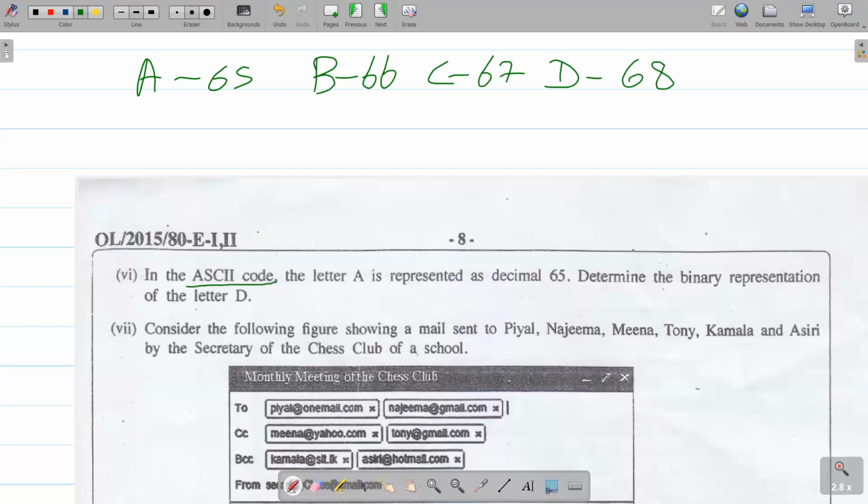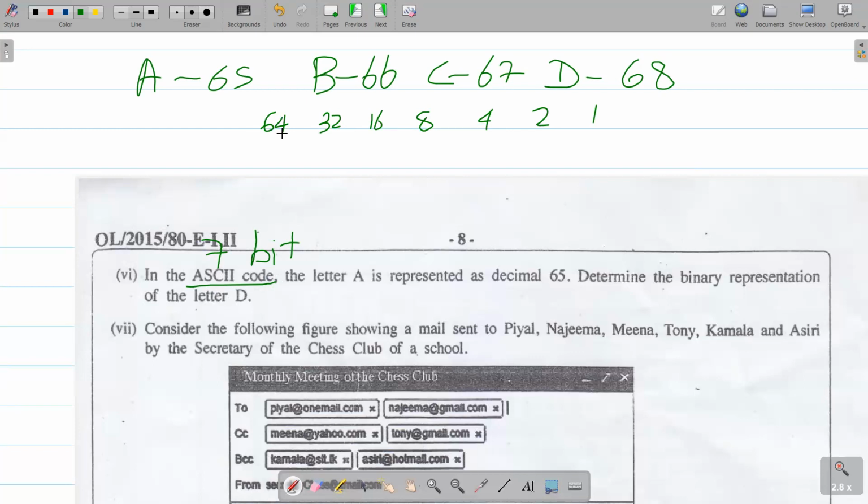If it is an ASCII code, it's a 7-bit representation. That means I need to represent 68 by 7 bits. So my 7 bits place values can be taken as 1, 2, 4, 8, 16, 32, and 64. 7 places.